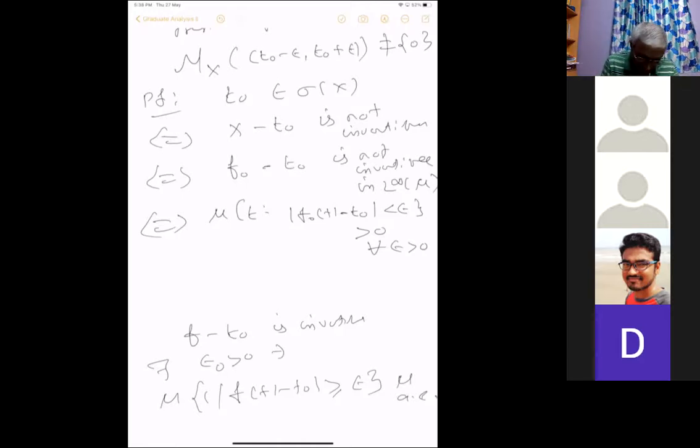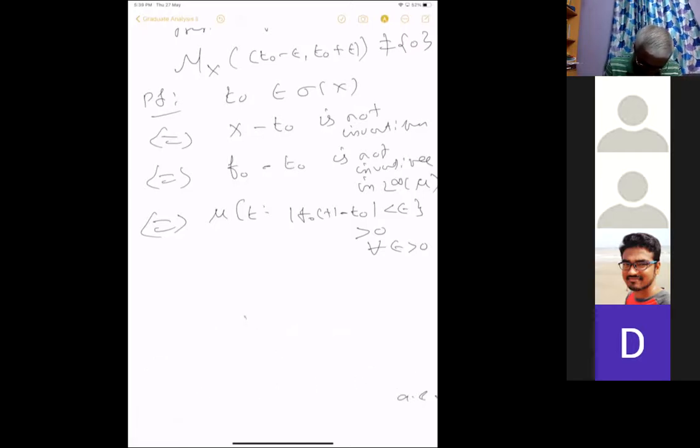Then you can talk about 1 by f of t, I mean, 1 by this function. Or if you just take a single function f, invertible. Maybe I'll write it in the bracket there. This is an exercise you can do.